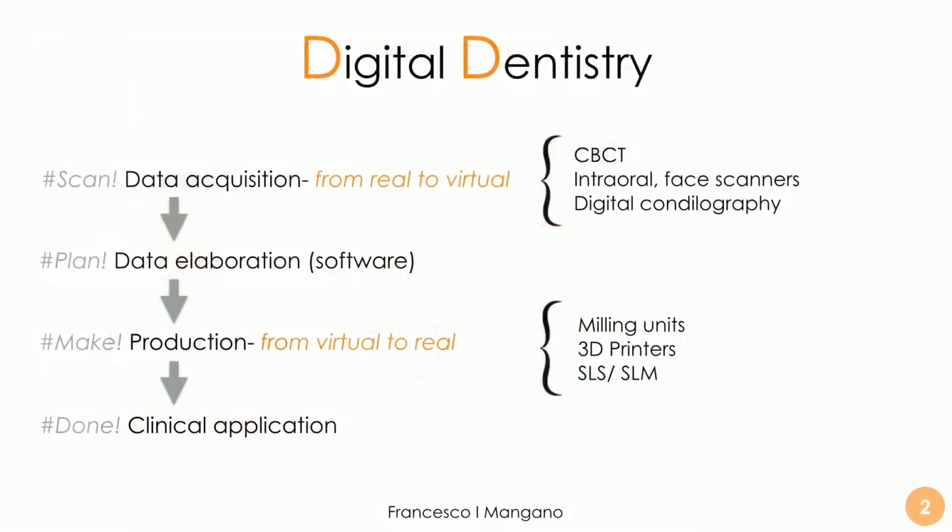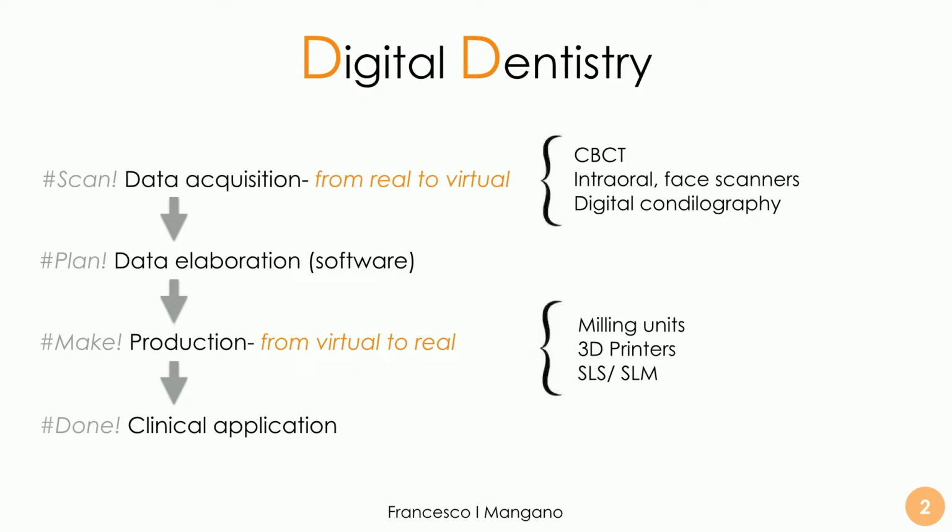Before that, we need to talk about digital dentistry a little bit in general. As I mentioned thousands of times before, we have a scan phase for the data acquisition, when we go from the real to the virtual. This is possible thanks to computer tomography, radiologists, but also structured light, so intraoral and face scanner, and also digital condylography for the movement of the jaw in space.